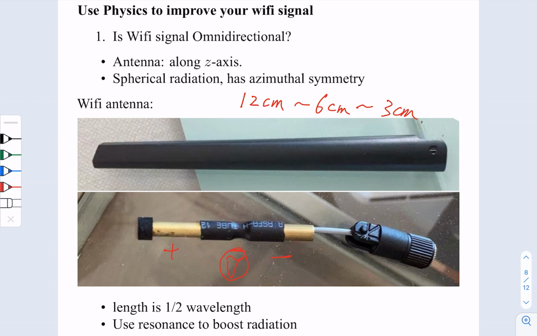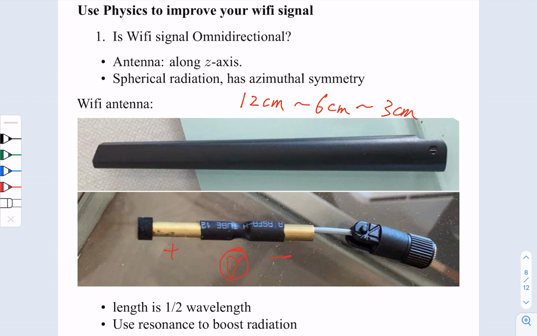Okay. So from the physics point of view, if we check out this shape, then we know that this shape has sort of spherical, azimuthal symmetry, right? If you put it into spherical coordinates and set this as the z-axis, then you would imagine that along the phi angles, the radiation must be exactly the same. But along the theta angles, there can be some sort of dependence.